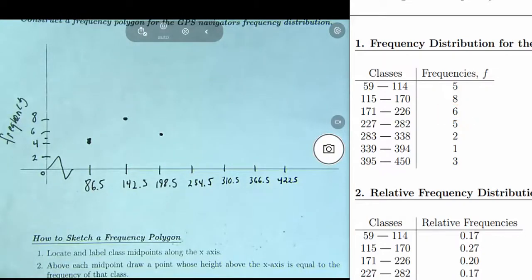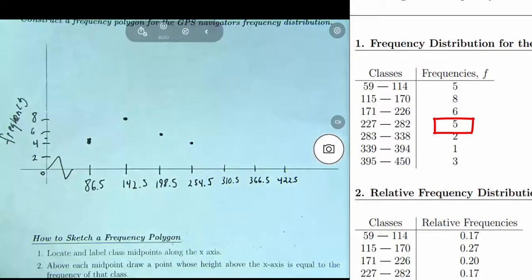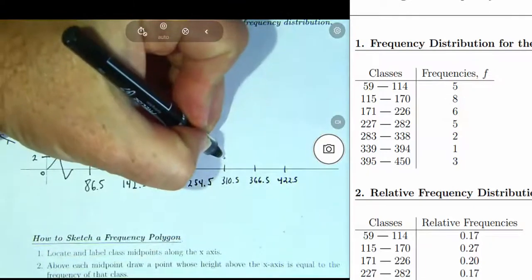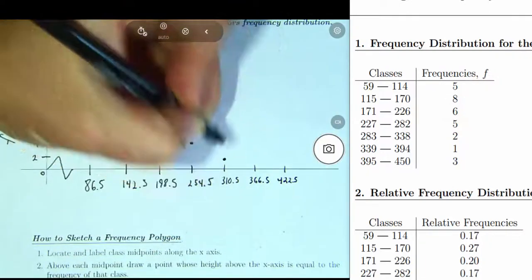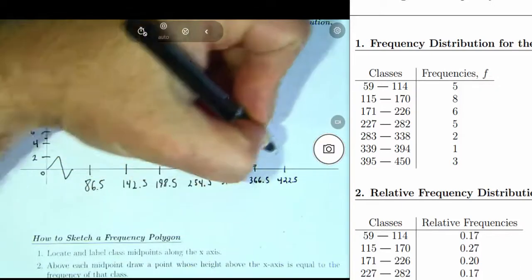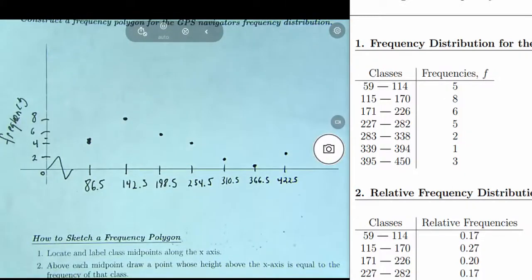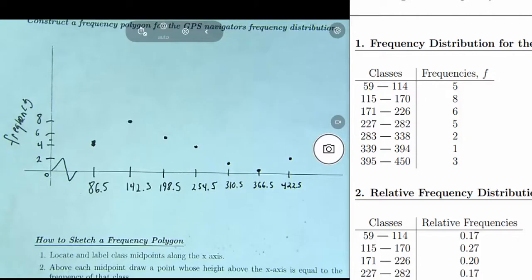The frequency of the fourth class is 5, so we need another dot at 5 above the next midpoint. The next class has a frequency of 2, so we'll put a dot above the next midpoint whose height is 2, and then 1, 3. Okay, so that's steps 1 and 2 of drawing the polygon. Totally complete.